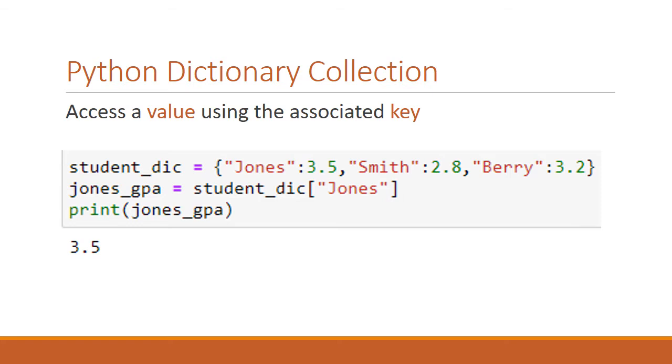So we can say student dictionary, bracket, Jones. So Jones is the key, and that will return the value. So that will return 3.5 and assign it to the variable Jones_GPA. And when we print Jones_GPA, you can see that we output 3.5.